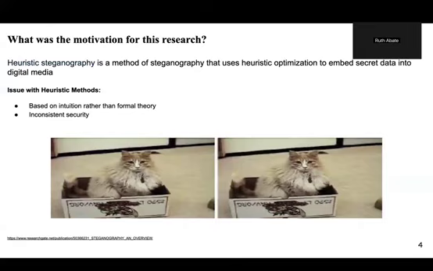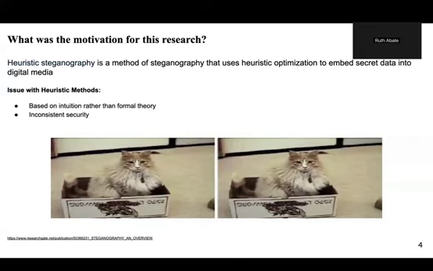This makes them vulnerable because they lack a solid mathematical foundation, meaning their security cannot be formally verified. Think of it like building a lock for a safe based on what seems stronger rather than tested engineering principles. If an attacker figures out the pattern, they can break it easily.